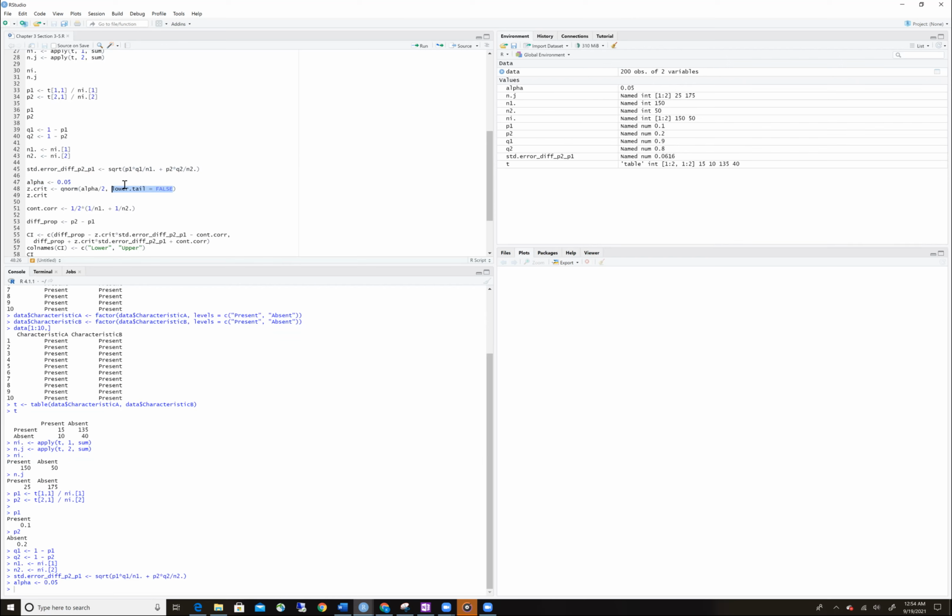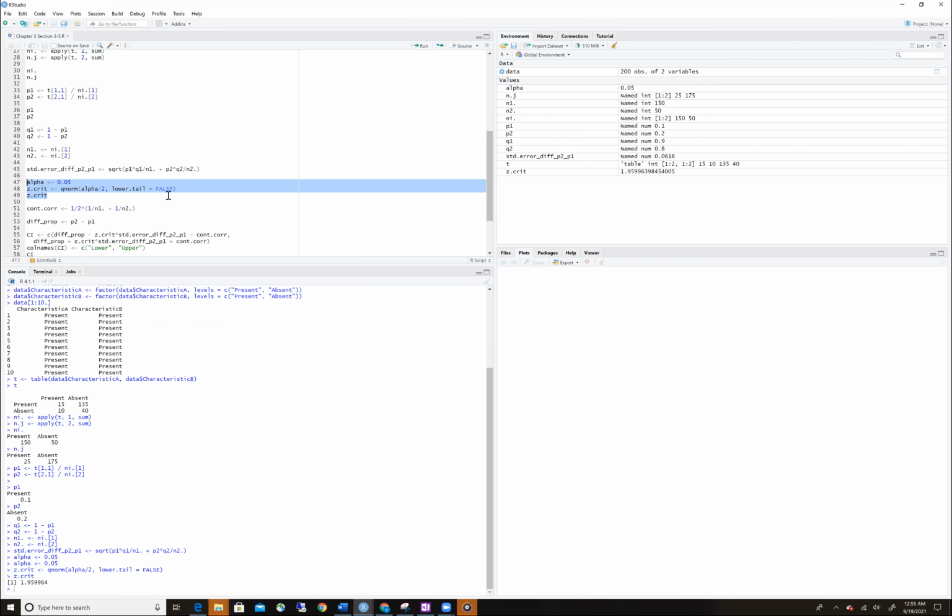If you wanted an equivalent value of Z crit and you decided to use qnorm and put in 1 minus alpha over 2, so you put in 0.975, lower.tail equals true, it should give you the same thing, okay?